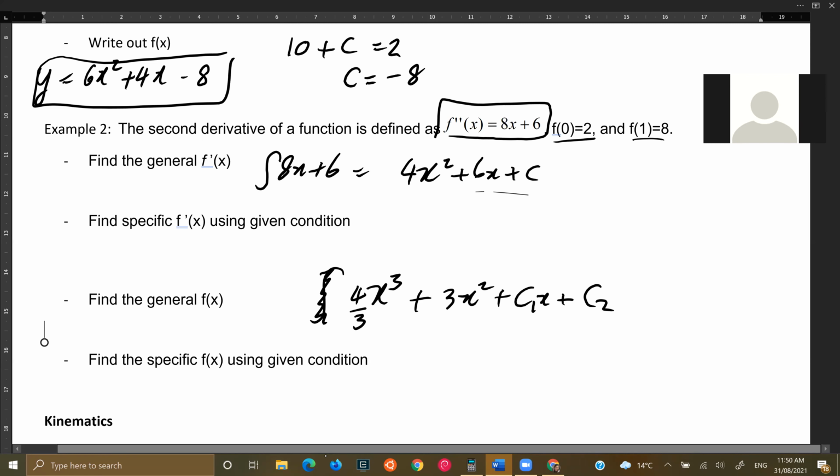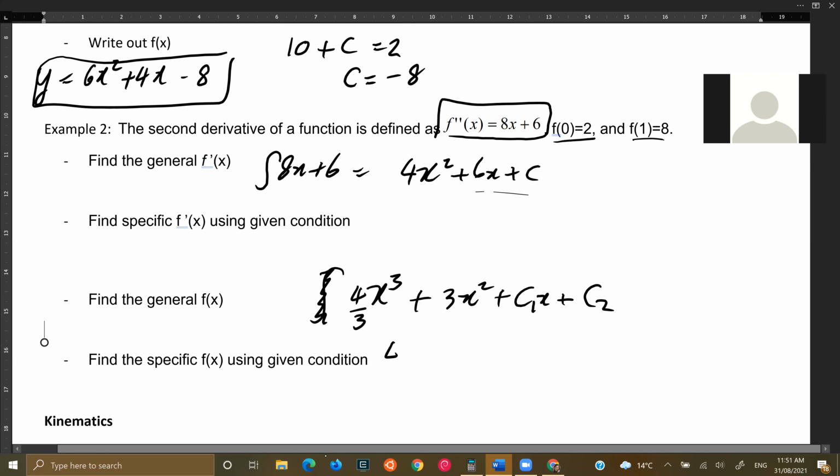Okay, so now I'm going to have to work out what c1 is and what c2 is. So I've got two conditions. I'm going to substitute them. What I'll end up with is essentially a simultaneous equation where I can work out what c1 and c2 are.